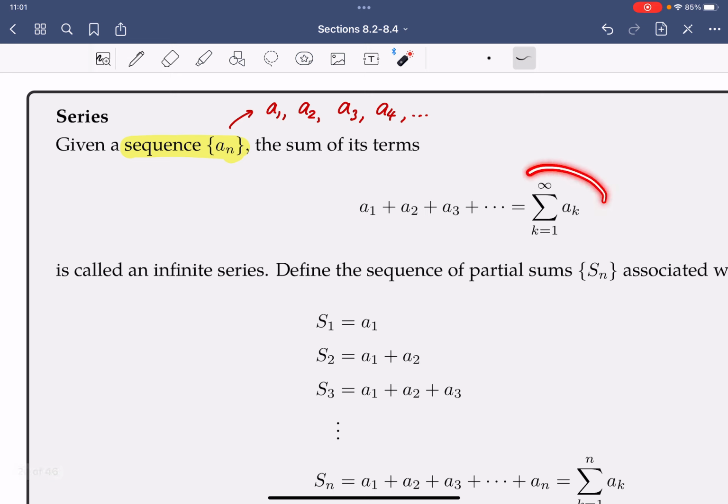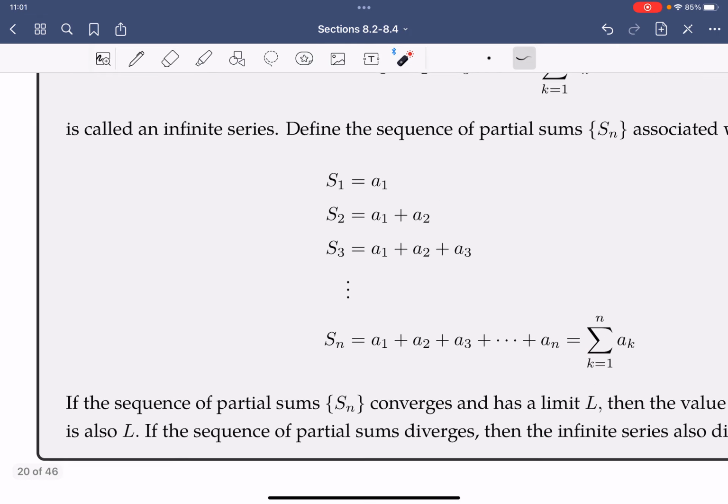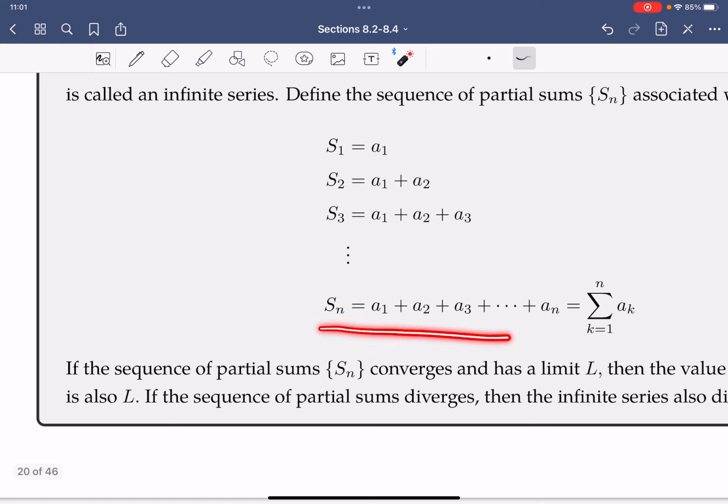One more time. When you see the notation of the series, the question can be: the series summation of AK here, is this convergent or divergent? One way you can do it is to look at Sn, the partial sum, and then take the limit of the partial sum.